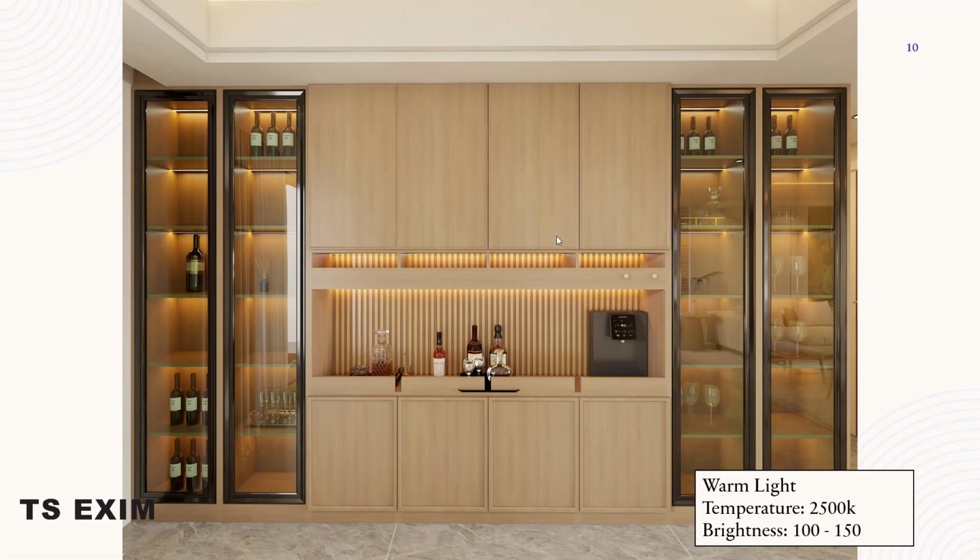Alright, so this is the example render. This one I generate light from a customized cabinet. This is the warm light effect. You can see the temperature I use is 2500K. For the brightness, for the inside carcass I use 150, and for the open carcass here, I use 100. Why? Because the open carcass is more exposed, so you need to tone down the brightness a bit.